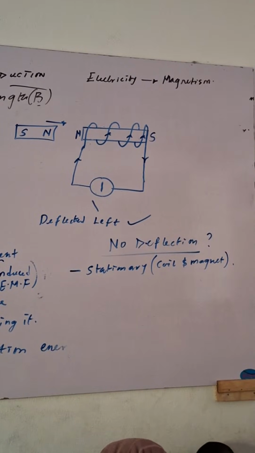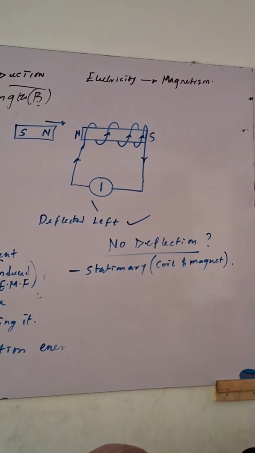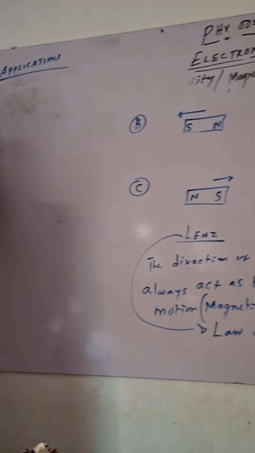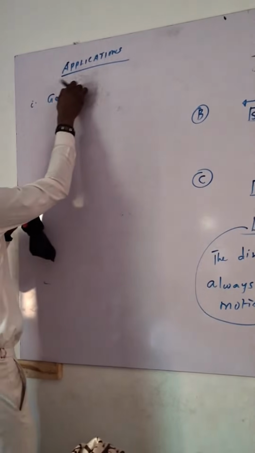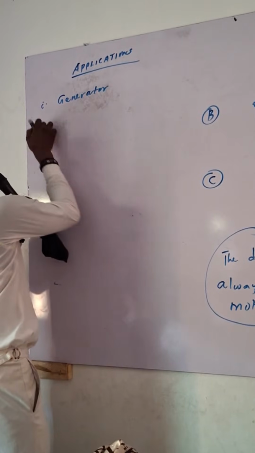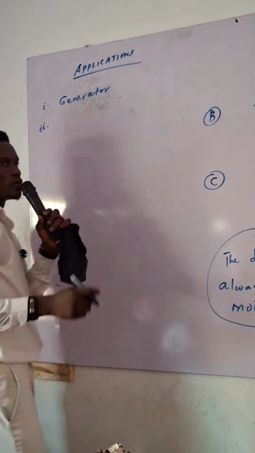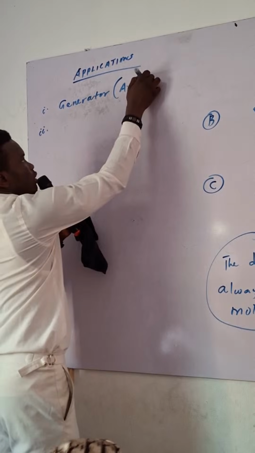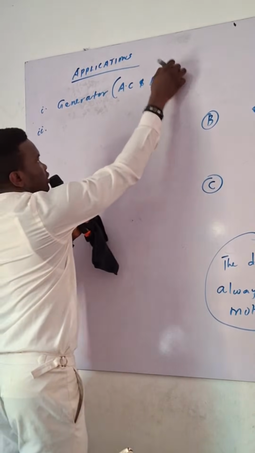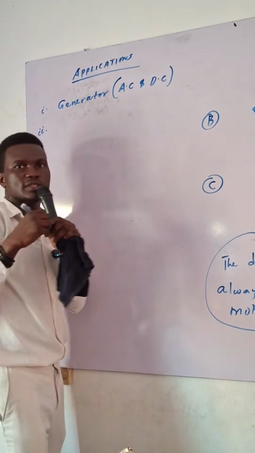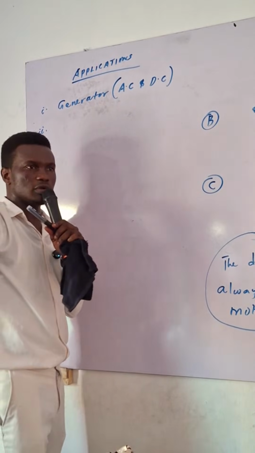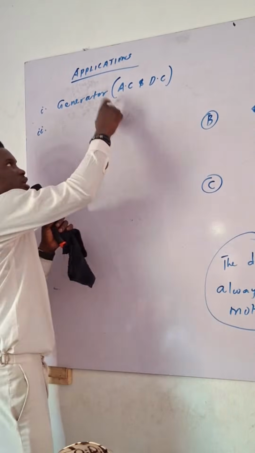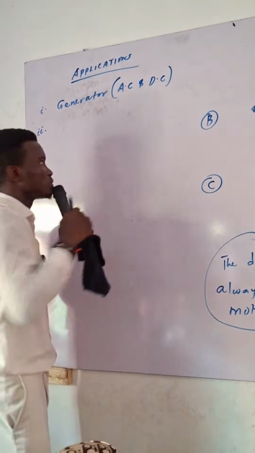Now, applications. Number one application of what we just said is in the generator. We have AC generator and DC generator. There's also the electric motor, which is the one you read yesterday, but the generator is what we'll do today.